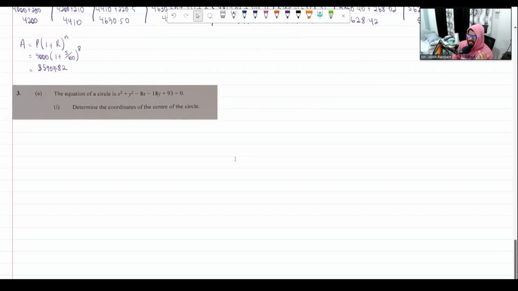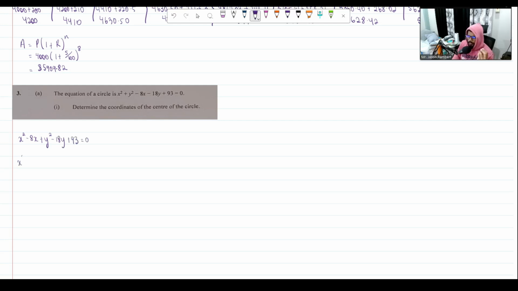Number 3, the equation of a circle is given, determine the coordinates of the center. We can either complete squares or bring it into the second form of the equation of a circle. So I'm going to say x squared, putting the x's next to the x's, minus 8x plus y squared minus 18y plus 93 is equal to 0.